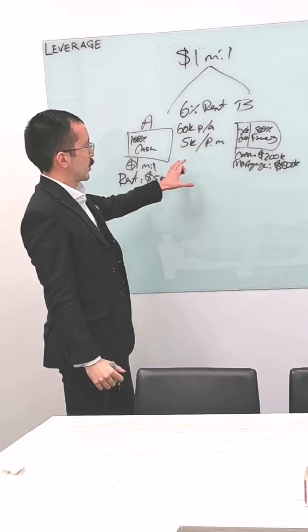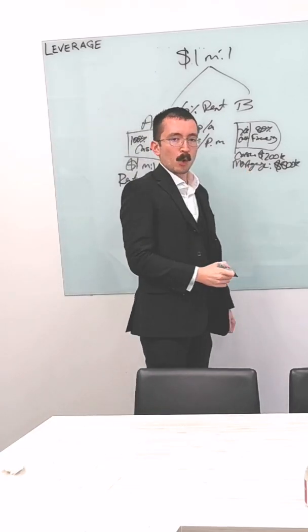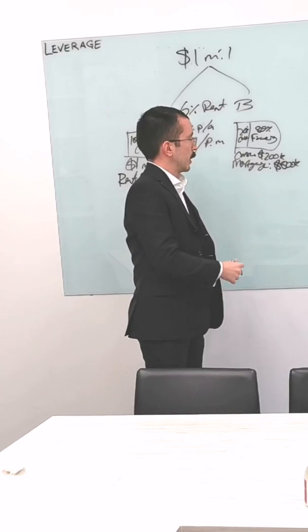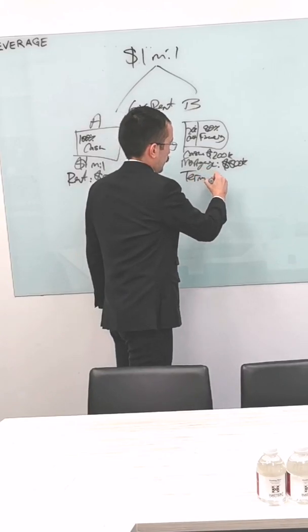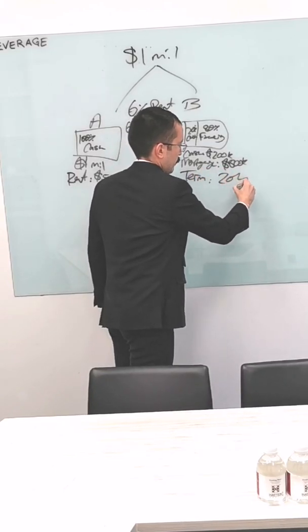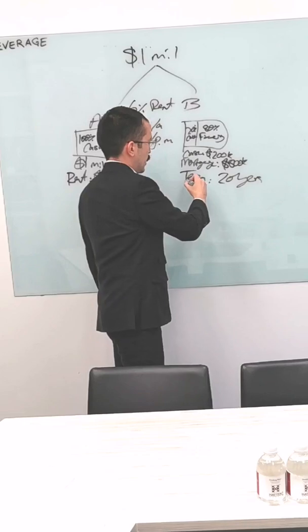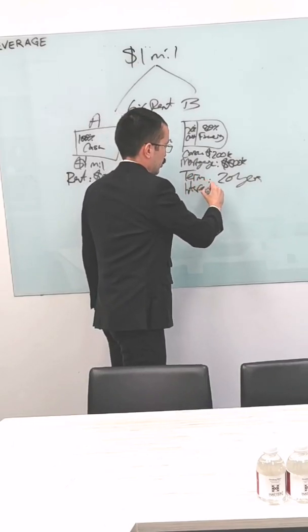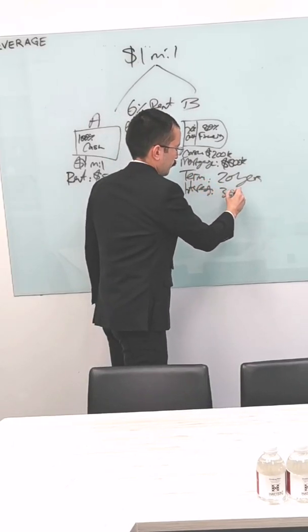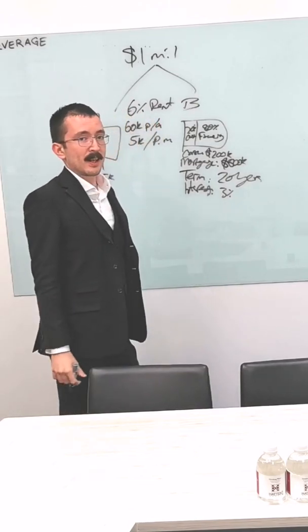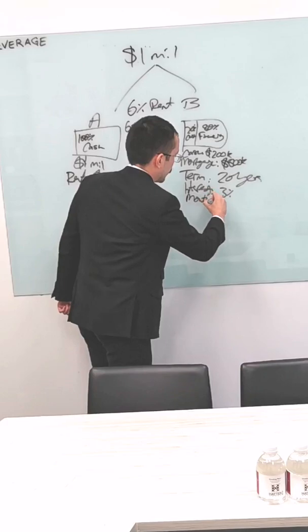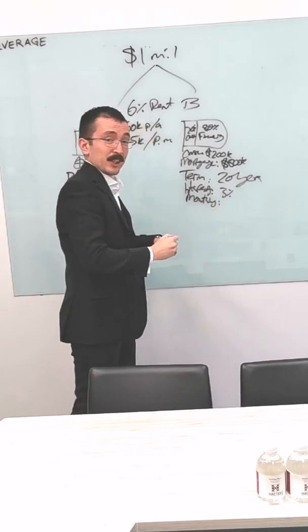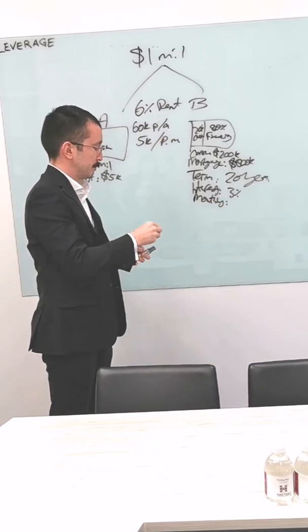In person B's scenario, let's not forget that he has a mortgage. Let's pretend that his mortgage is for a 20-year term, with interest of just 3% per year. So his monthly payment, I have to get a calculator for this.